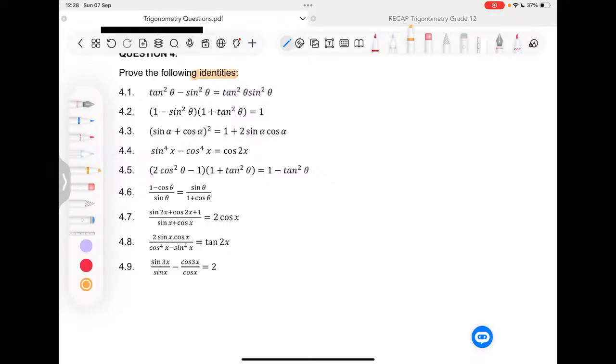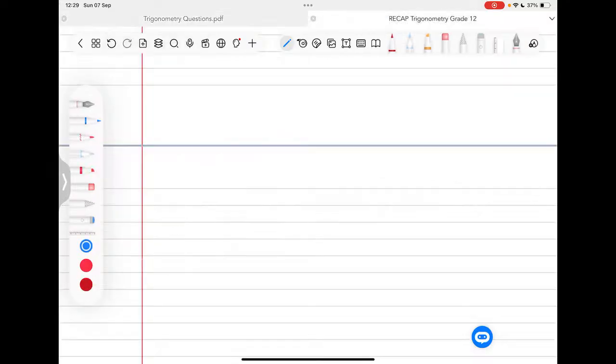Let's see. Okay, maybe let's do all of them. Let's look at 4.7.